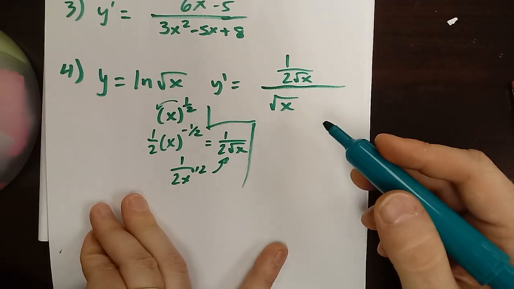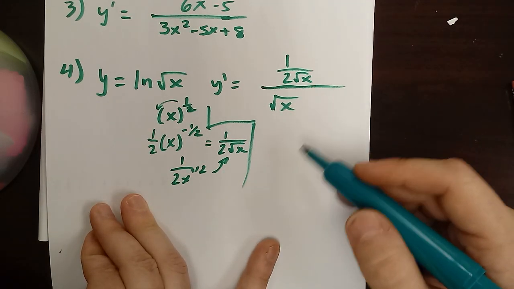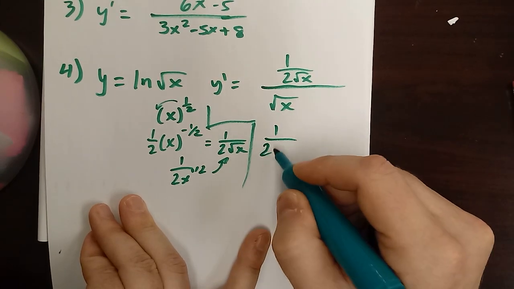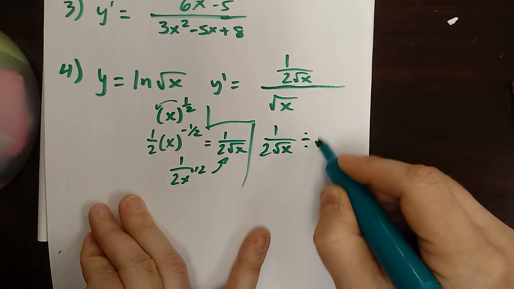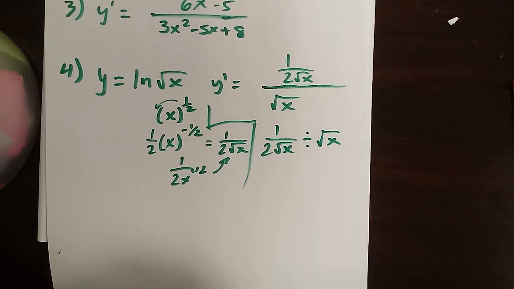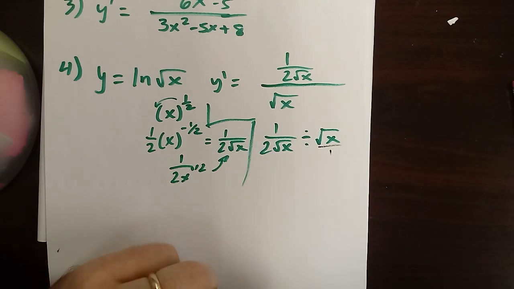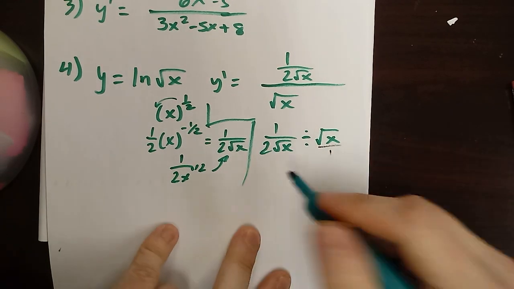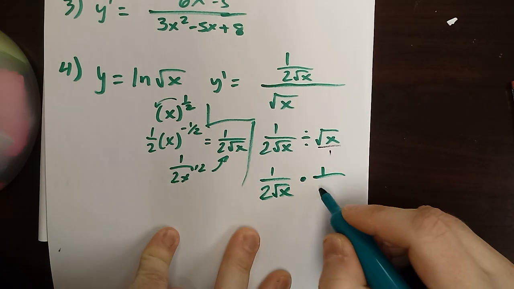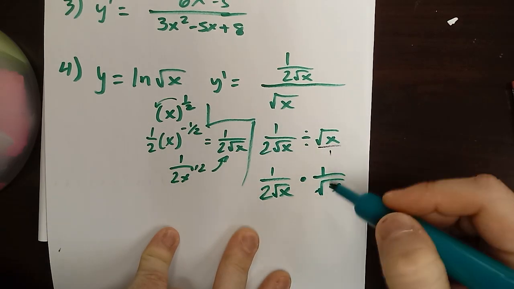So I'm going to talk about this 2 ways. I'll talk about the super slow way first. So this is saying 1 over 2 root x divided by the square root of x. And remember that currently the square root of x is over 1. So that's 1 over 2 root x times 1 over root x, because dividing by fractions is easy as pi.